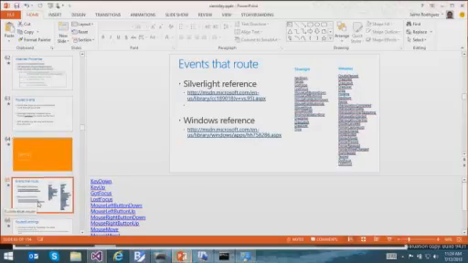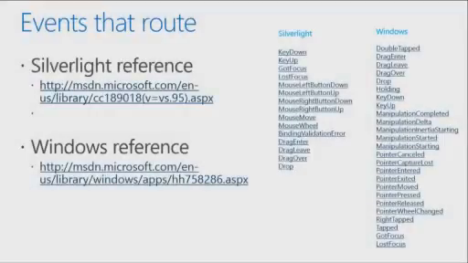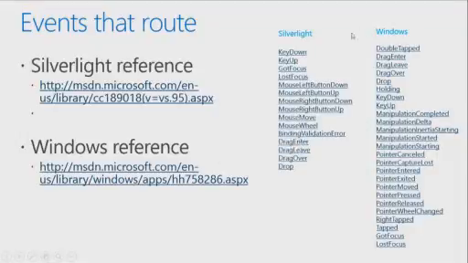Now, the last thing real quick, in this same topic, in the second to last slide, is that not all events route. There's a very specific set of events. In Silverlight, we have key down, key up, focus, and you see a lot of the mouse events routing. Correct. Now, as we move to Windows on phone, you'll see that we migrated away from mouse events and moved on to pointer events, because those will handle touch and mouse in the exact same event.